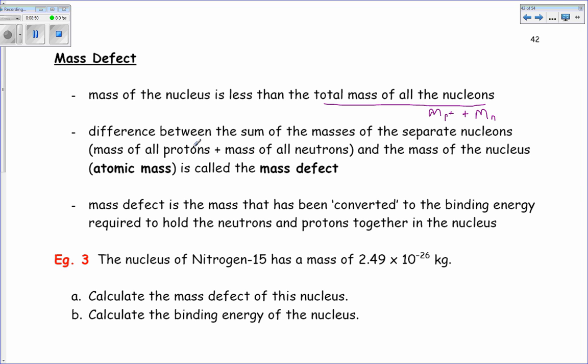So the difference between the sum of the masses of the separate nucleons, so the mass of all the protons plus the mass of all the neutrons, and the mass of the nucleus, which is the atomic mass, is called the mass defect.